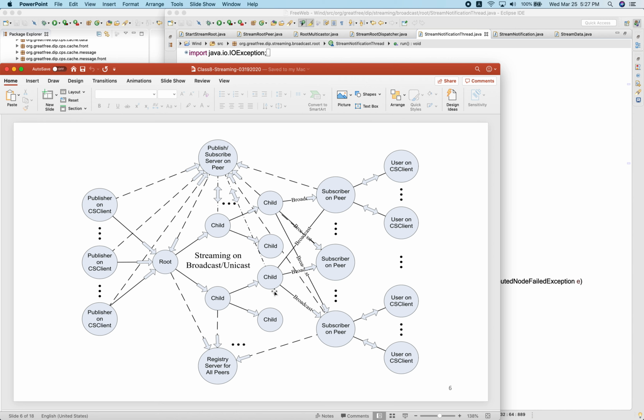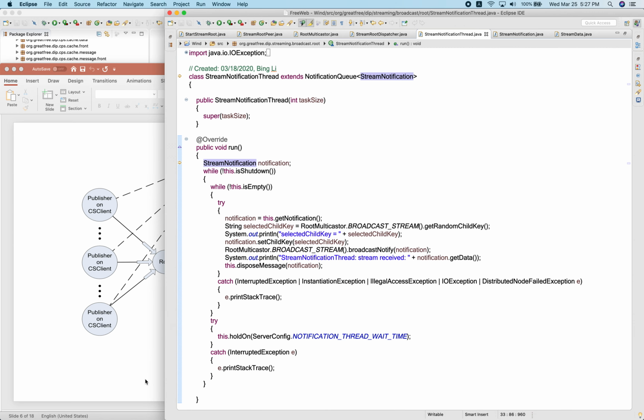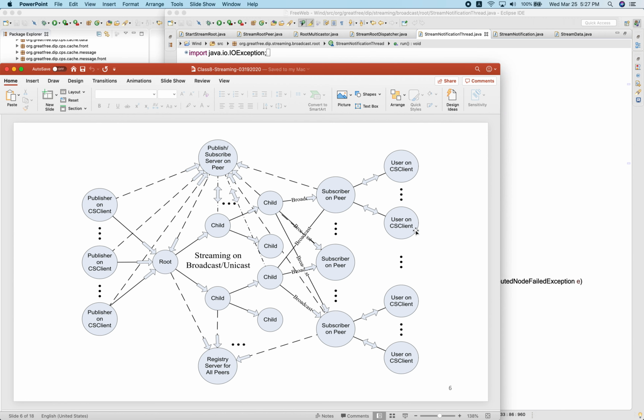All the data is replicated to each of the children. So if the children need to do something, because stream exists in this multicasting framework.